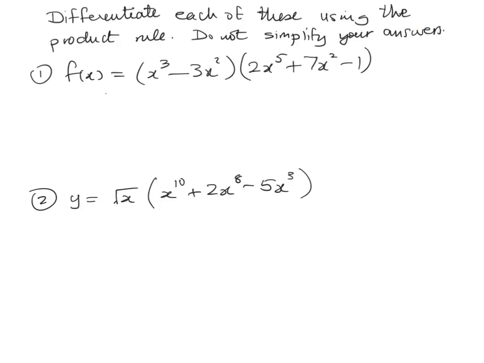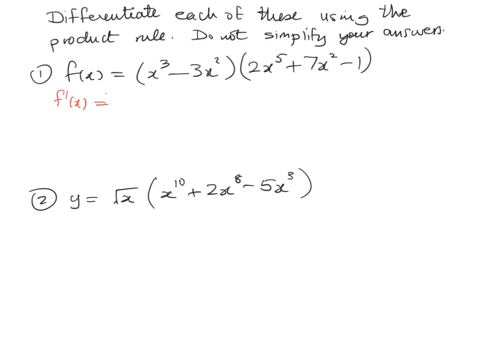Okay, so we want to differentiate each of the following using the product rule, and we're not going to simplify our answers. Right now, we're just practicing the product rule. Here you'll notice that there are two functions. X cubed minus 3x squared is one function. 2x to the fifth plus 7x squared minus 1 is another function. The derivative of f of x is going to be called f prime of x.